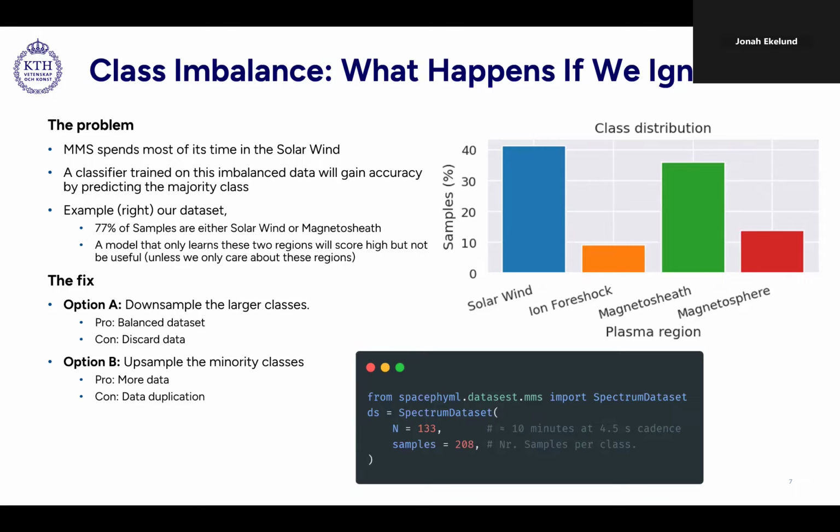Either we can downsample our larger classes to our minority classes. Then we discard data, which is not really something we want, but it might be what we have to do.